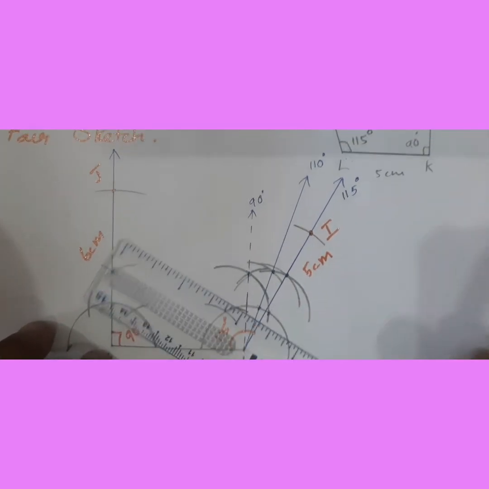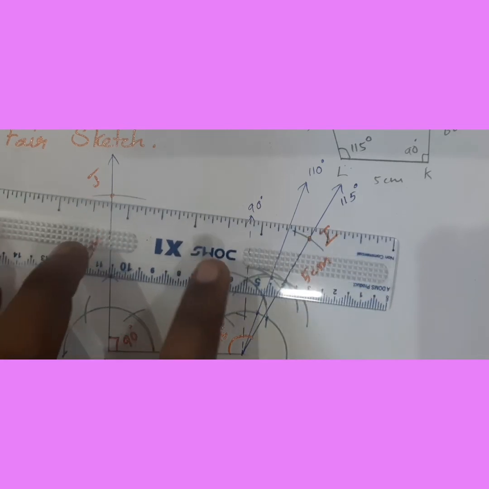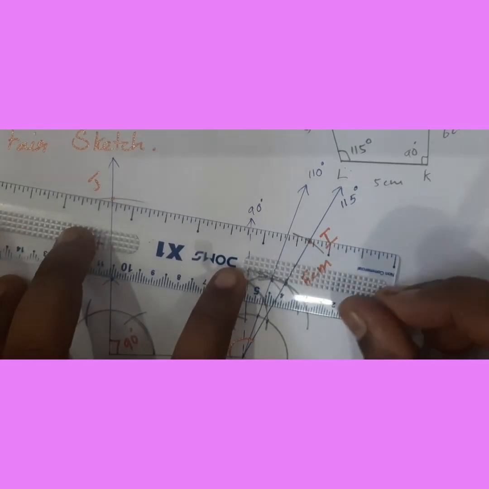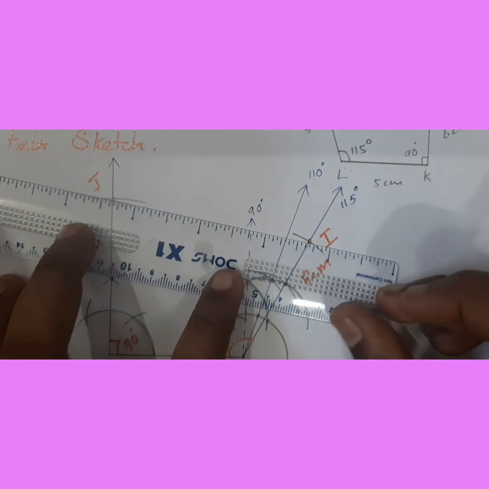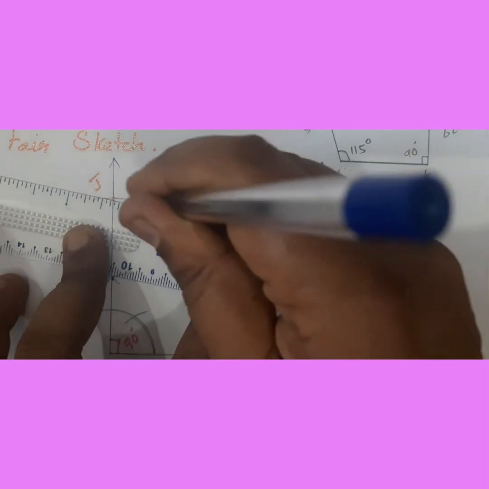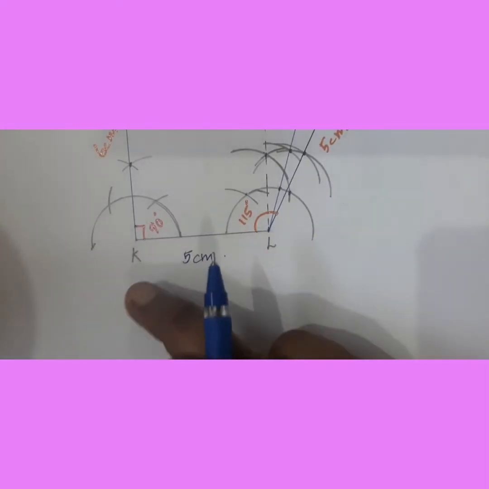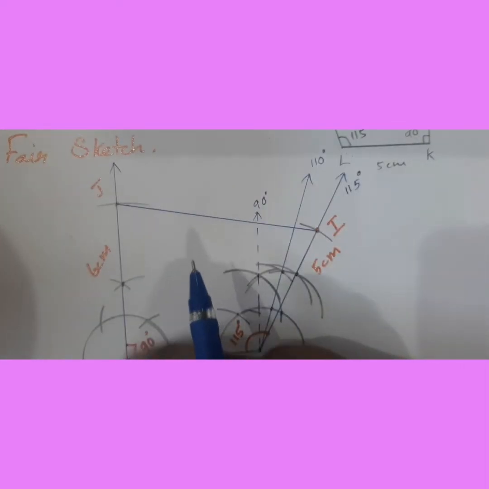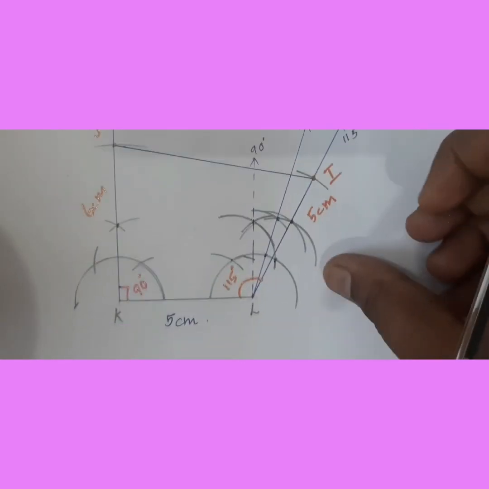Now you join I and J, you have to join together. Okay, so now KL is 5 centimeter, KJ is 6 centimeter, IL is 5 centimeter.